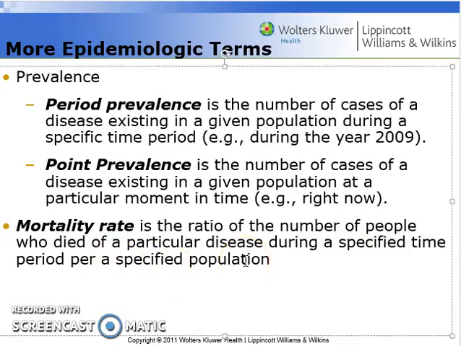Okay, so you would see something like 1 out of every 10,000 individuals died at a specified time in a specific population. So that population would be 10,000, and the one individual who died would be the 1 out of 10,000 ratio. And again, you specify the time frame for that. That's what we mean when we're talking about mortality rate.